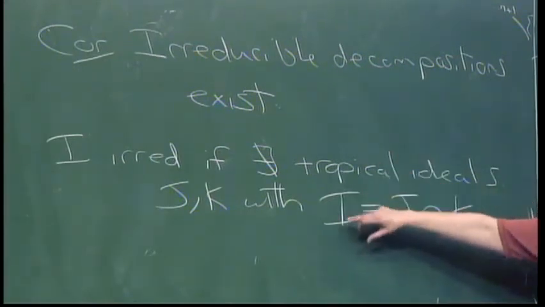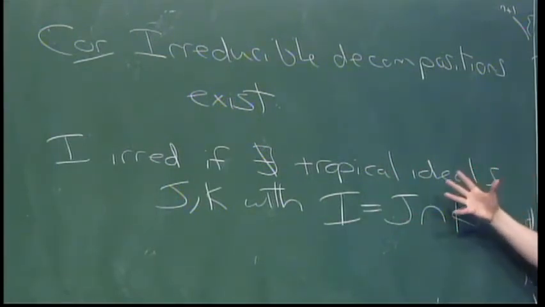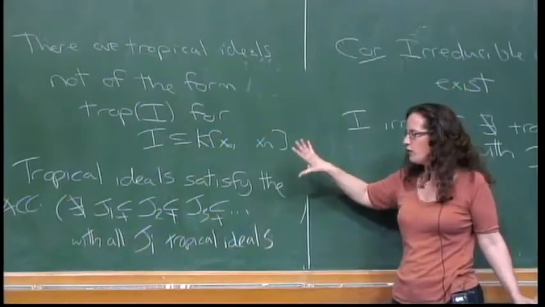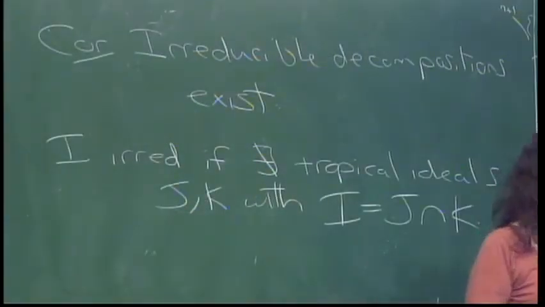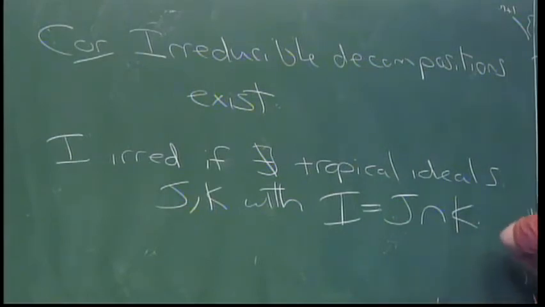This should be saying the variety of I is the union of the variety of J and the variety of K. This is just a formal consequence of the ascending chain condition. This is a few line proof now, exactly the same as the standard proof in elementary algebraic geometry or commutative algebra.